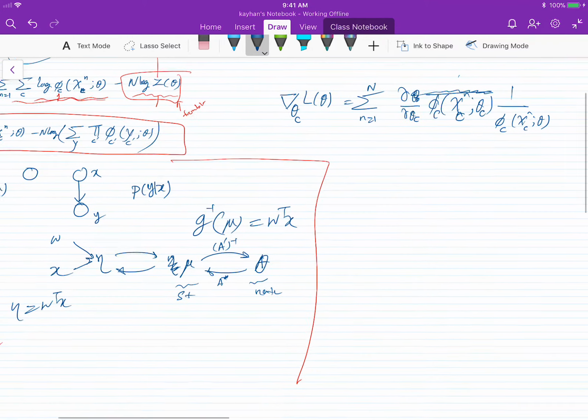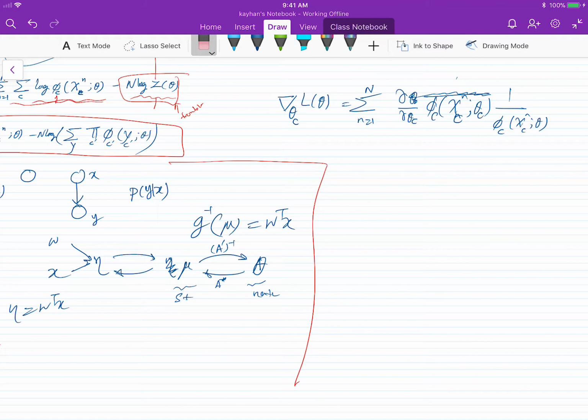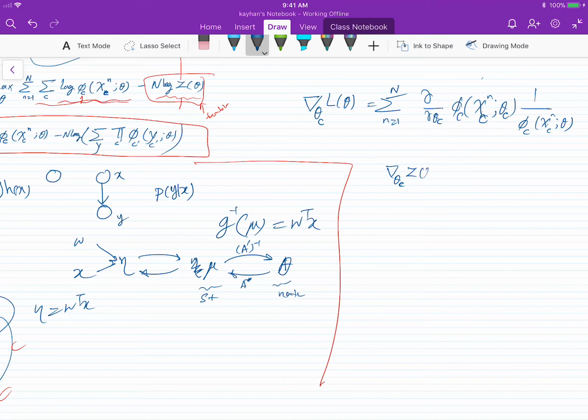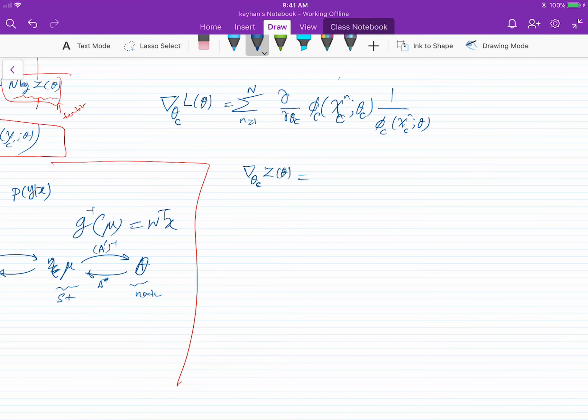Okay, this is the gradient of the first term. Then the gradient of the second term: this is Z, so I have to compute the gradient of Z with respect to theta, which is simply the gradient of Z with respect to theta c.